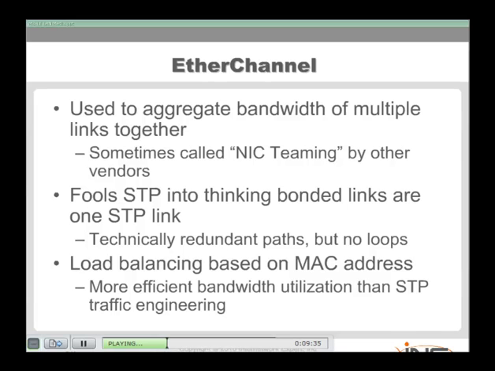Now, the technology that we love to engage in our enterprise local area network designs, I've talked about it several times now in the course. It's obviously important for you to master. This technology is EtherChannel.